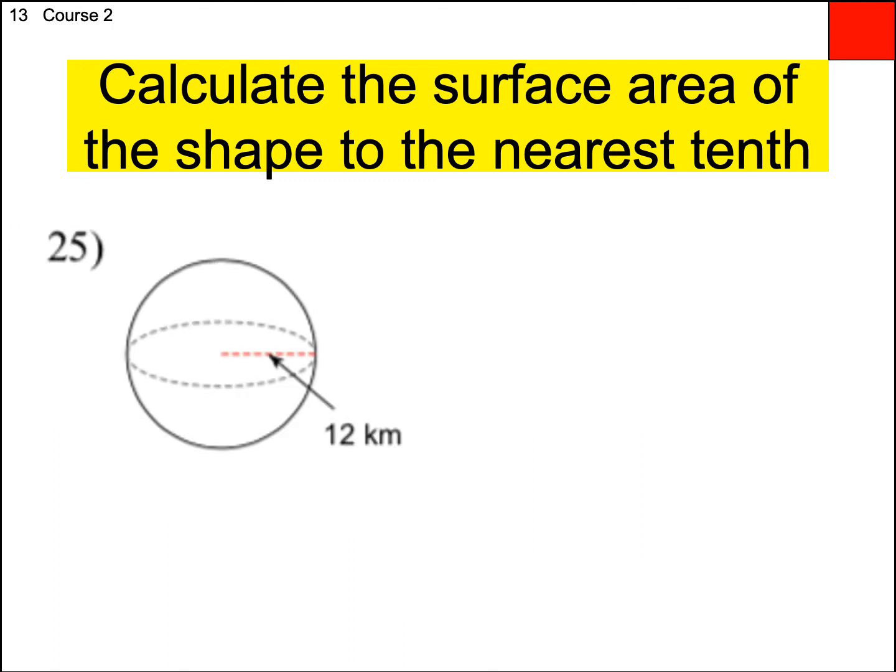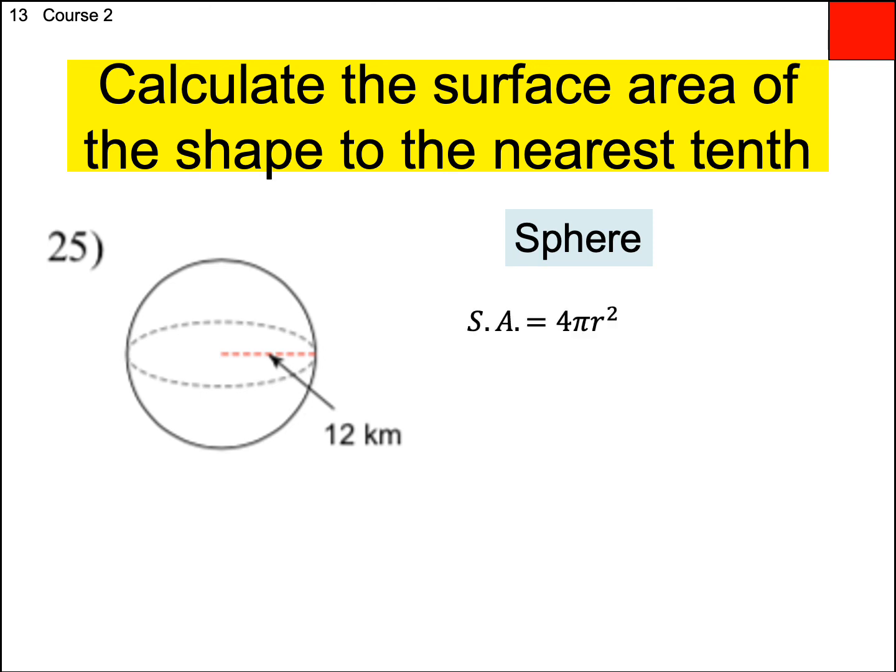All right, this is box 13, so question number 14 on the Google Forms. Calculate the surface area, put it on pause, come back for the answer. Okay, here we go. It is a sphere, and the formula for surface area is 4 pi r squared.